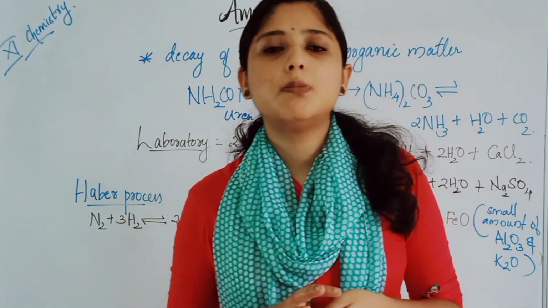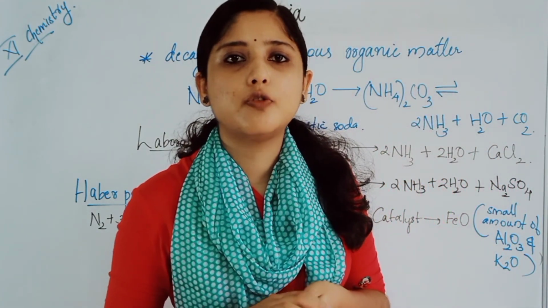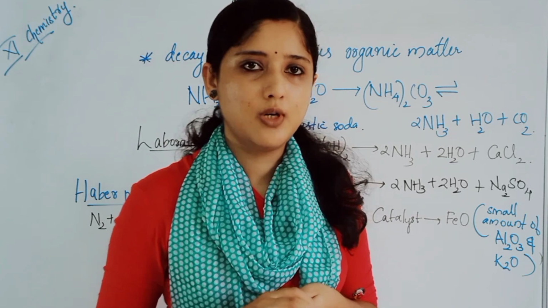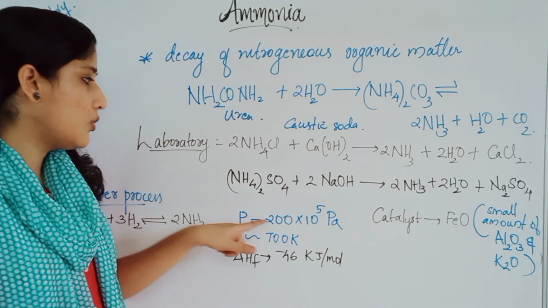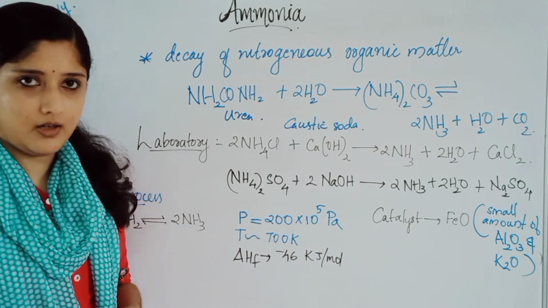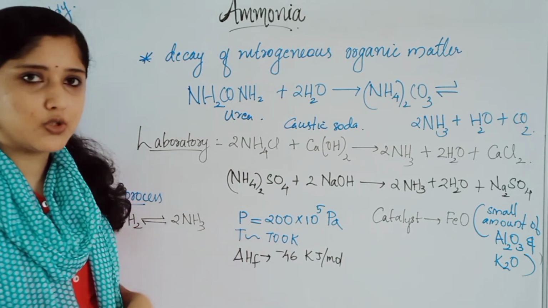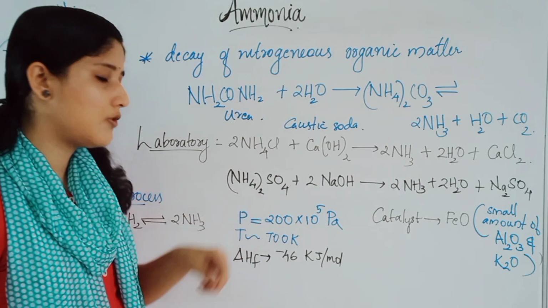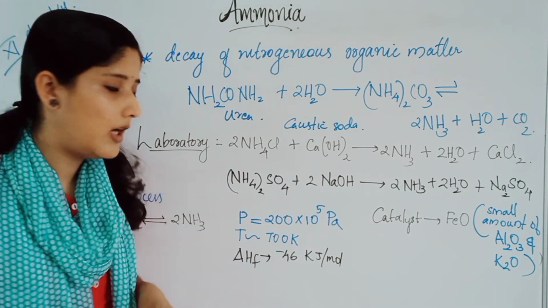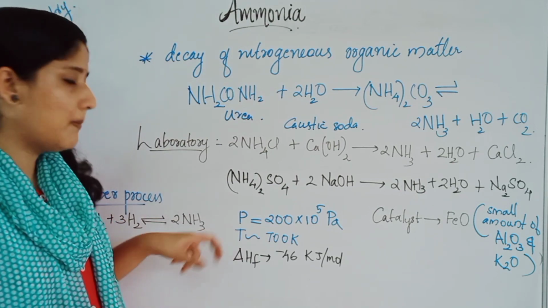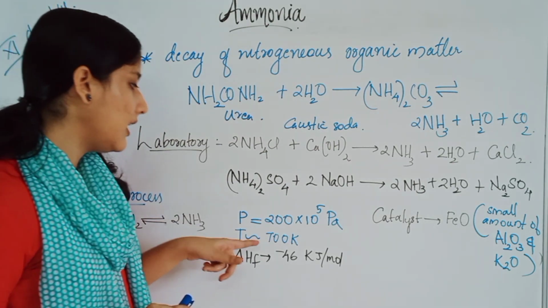So the optimum conditions for the formation of ammonia are very important for you to study. What are the optimum conditions? Pressure is 200 into 10 raised to 5 Pascal, or 200 atmospheric pressure. Second, temperature, approximately 700 Kelvin.